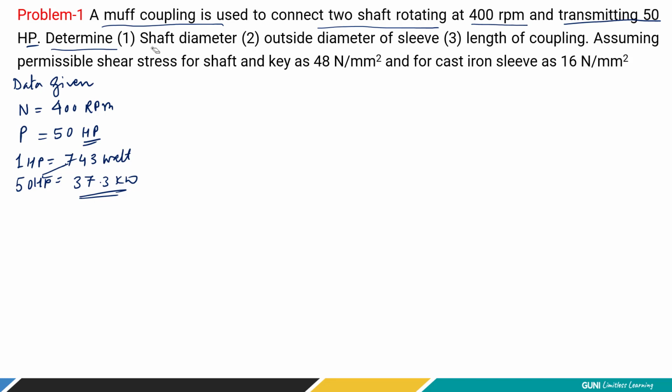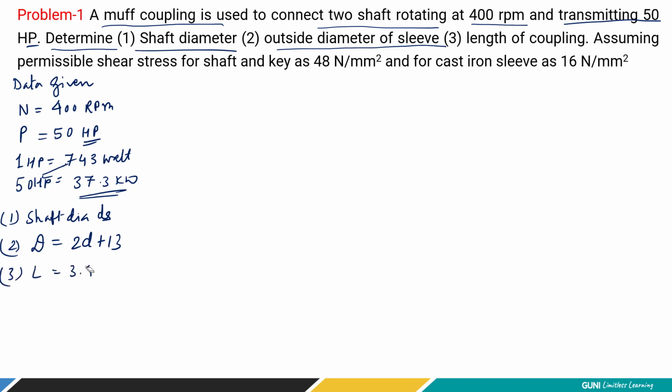Now, determine the shaft diameter, Ds. First we have to find the shaft diameter. Then the outside diameter of the sleeve, which is given by 2D plus 13 by relation. And third is the length, which is taken as 3.5 times D, by relationship.